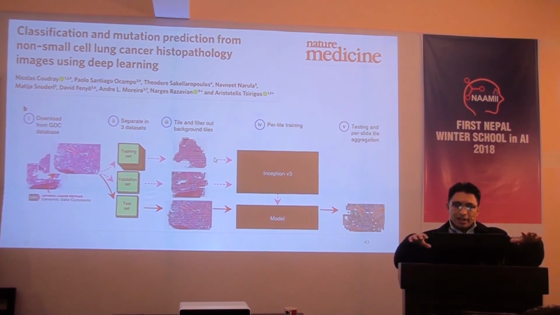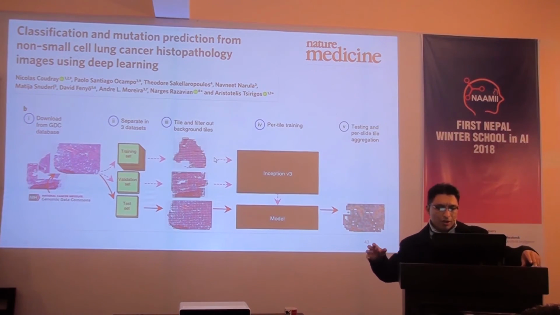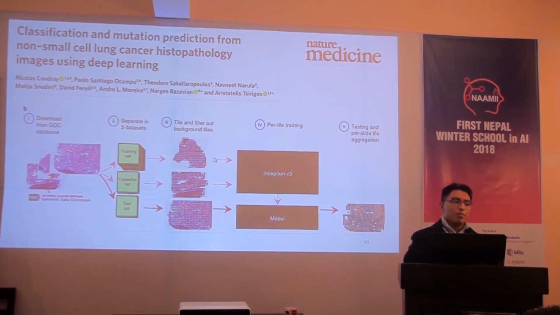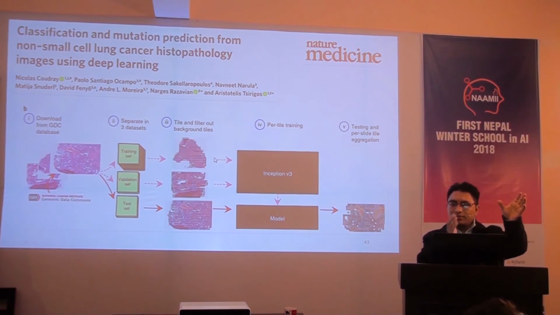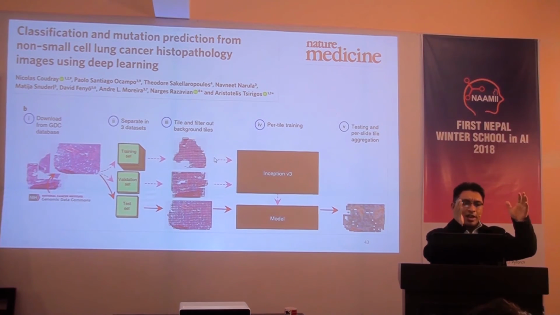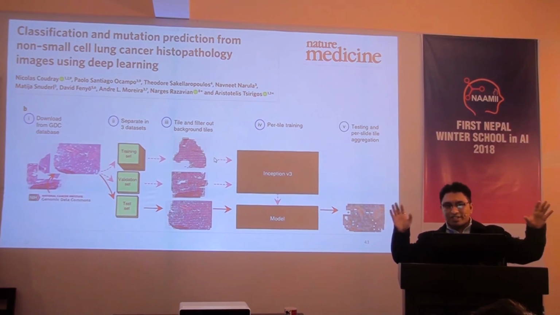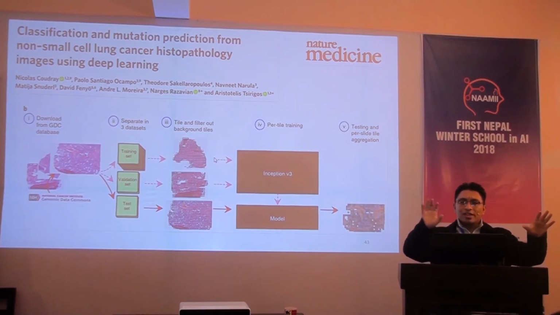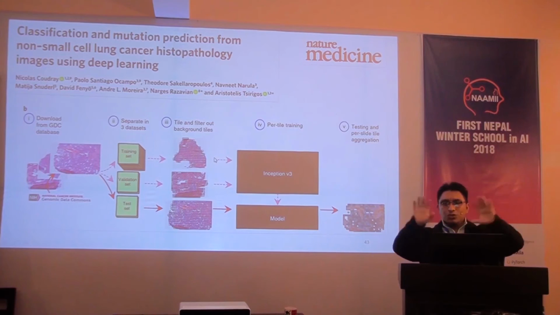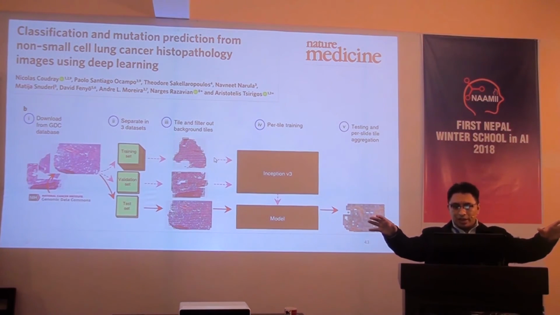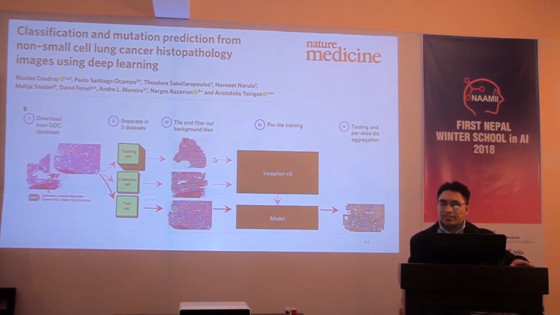And they also included different kinds of genomic information on top of it, and they try to infer some models of looking at the images of those tissues, of those cells, how they could distinguish between two different types of cancers, and also what kind of genes are different between those two types of individuals, two types of cancers.